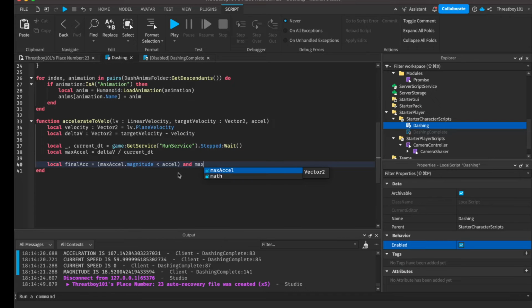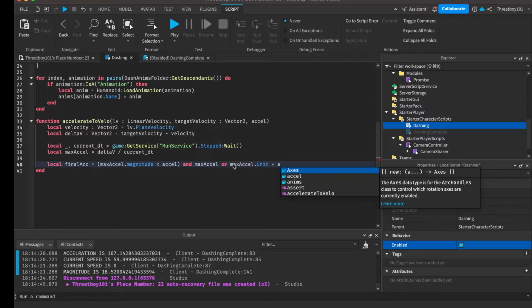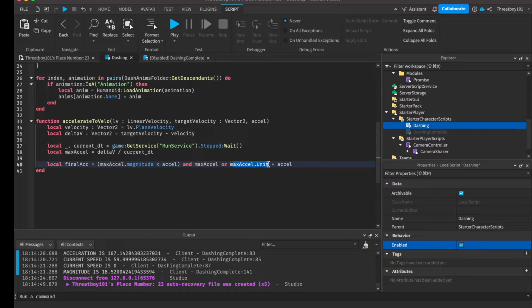Then we're going to just set the final acceleration to the maximum acceleration, because essentially we're trying to accelerate faster than what is possible. Otherwise, if we're not, then we're just going to take the unit vector and multiply by acceleration. So we want the same direction as the delta v, but we make it a unit vector so that the magnitude of our acceleration vector will be equal to our input acceleration. And just to remind you, this is just a regular number.